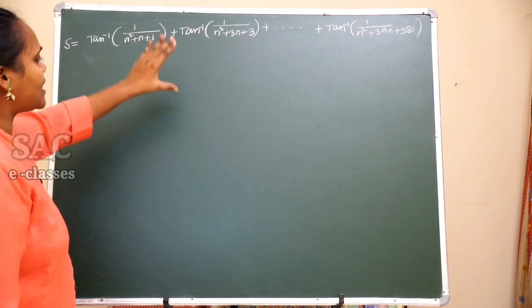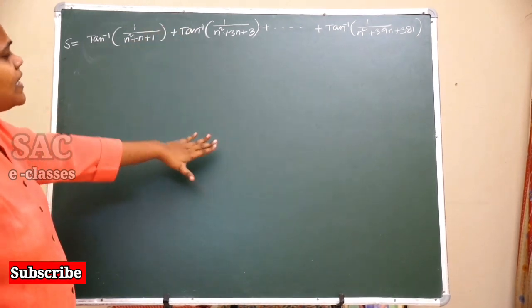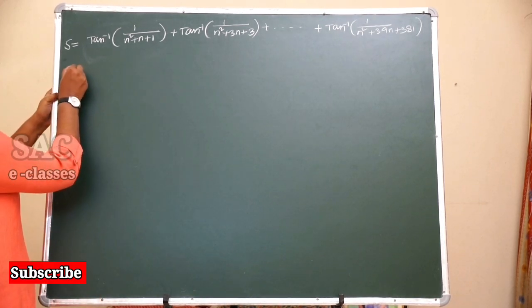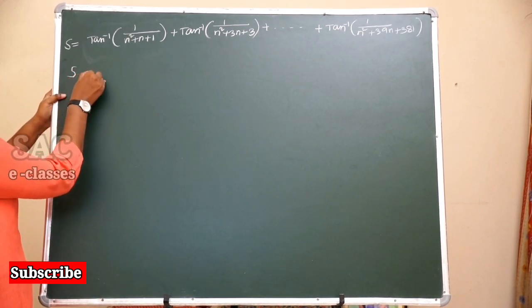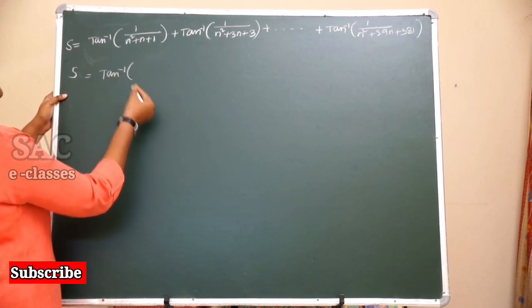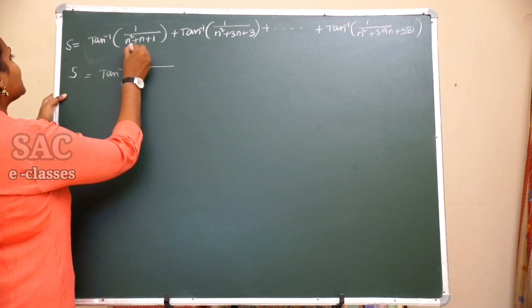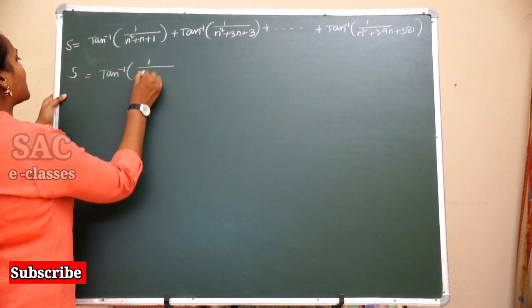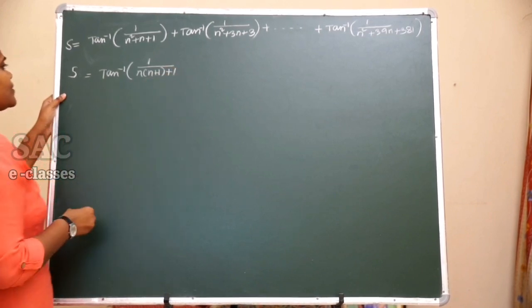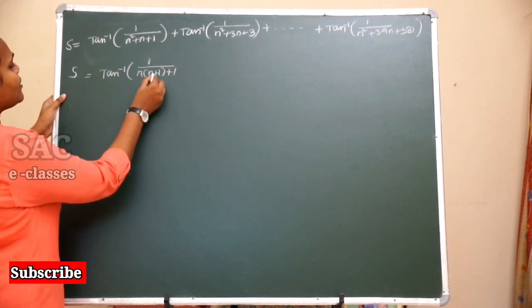In what way can we solve this one in an easier manner, by using some concept? The concept of sequence and series. Tan inverse 1 by n square plus n plus 1. Can I write it as n into n plus 1 plus 1?